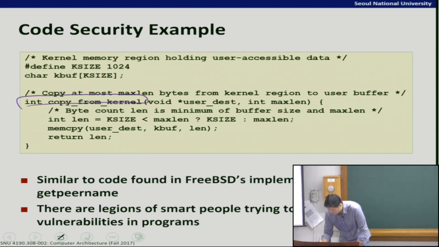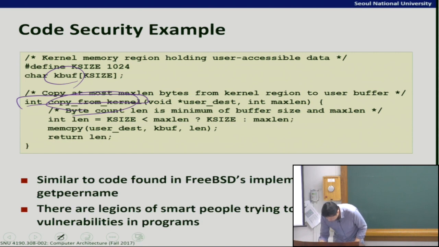Okay, so let's say there's a buffer inside the kernel. So this is a kernel buffer. Here, let's say it's kbuff. Kbuff is a buffer inside the OS kernel, and the kernel has so much sensitive data, and this function, copy from kernel, is the interface function that you can use to copy the value of this buffer into your user level space.